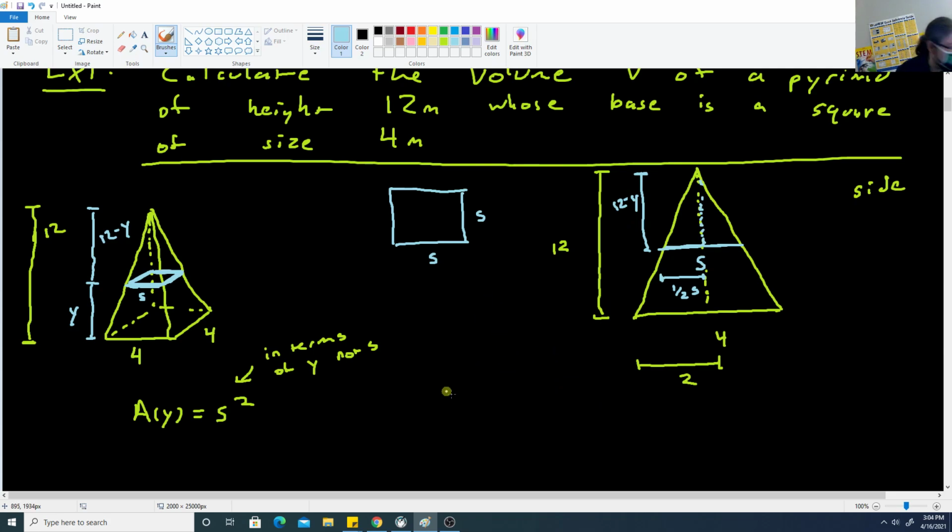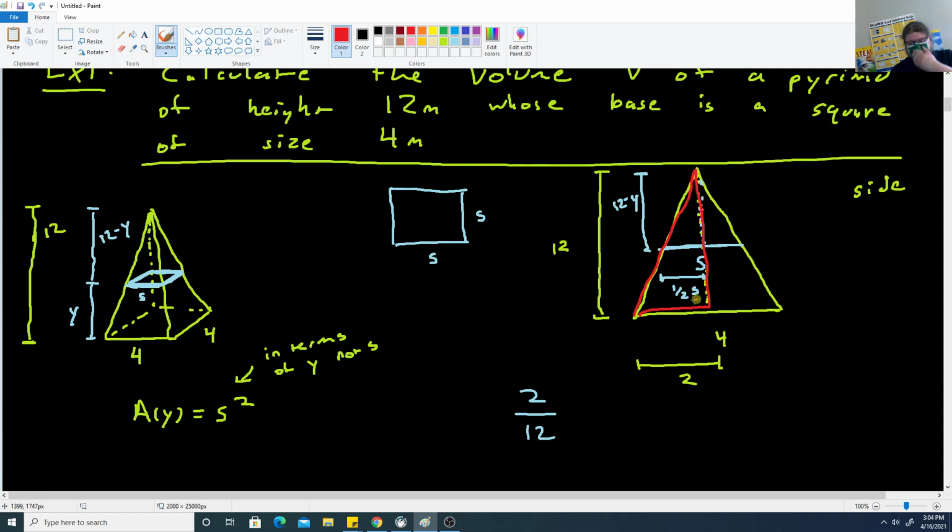So from similar triangles, we can say the base of the big triangle, which is 2, over the height of the big triangle, which is 12. Let me choose a different color so you can see. This right here, outlined in red, is the triangle I'm talking about, with base 2 and height 12.